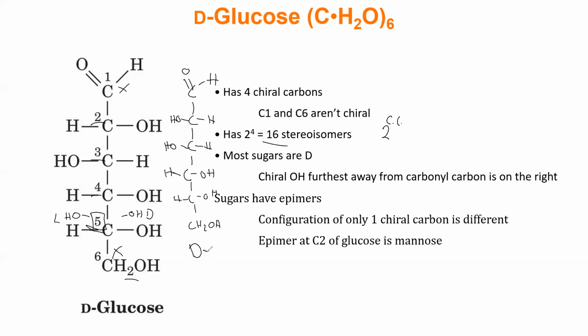That's D-mannose, where only carbon 2 is different. So these are stereoisomers of each other, and they are also epimers of each other. Every epimer is a stereoisomer, but not every stereoisomer is an epimer. Epimer is more specific than stereoisomer.